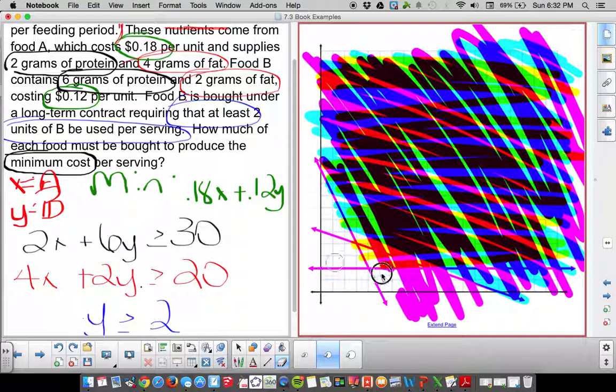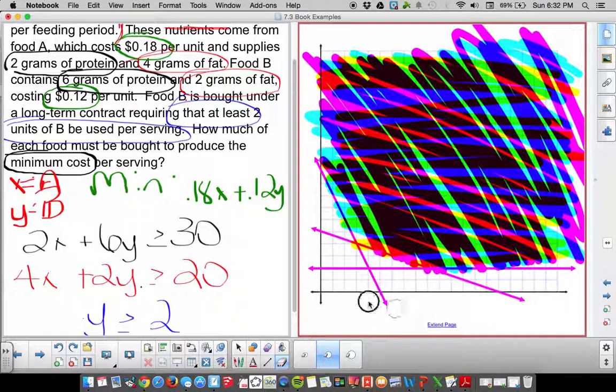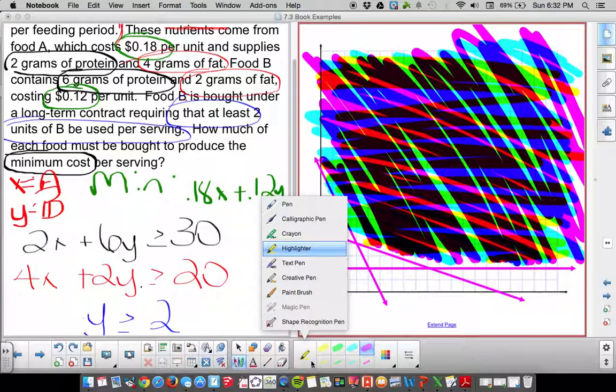My feasible region is contained where all of these inequalities overlap. I'm going to erase just a tiny bit more so you can see those corners a little better. Now, we have to find our corners.